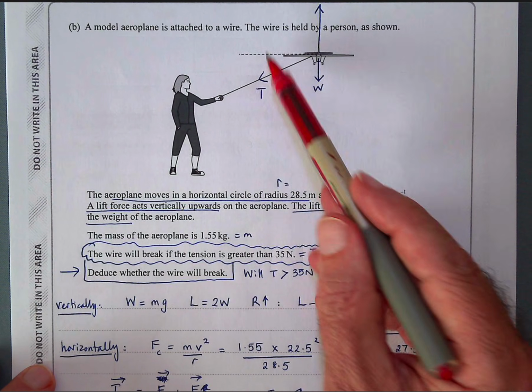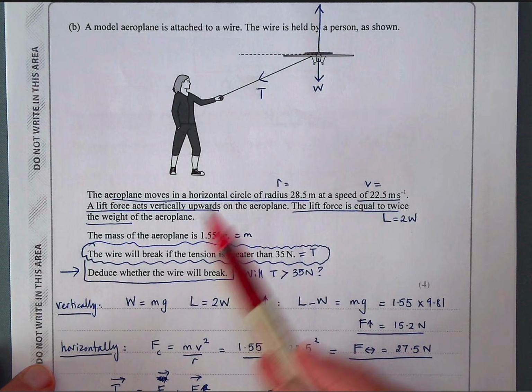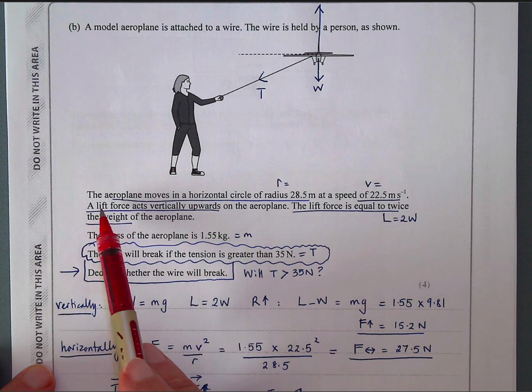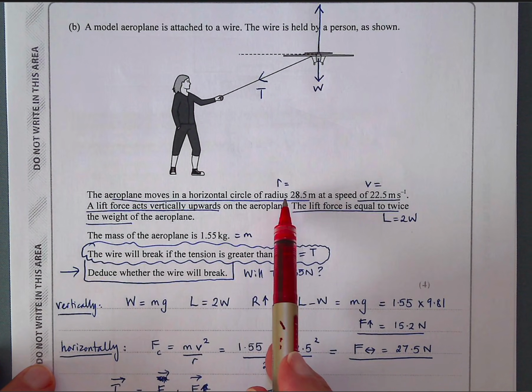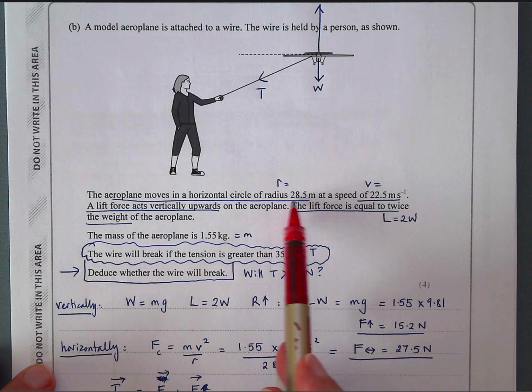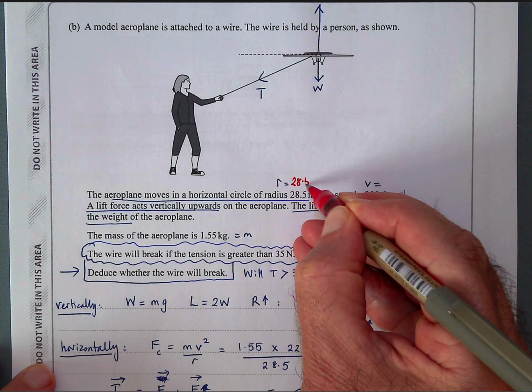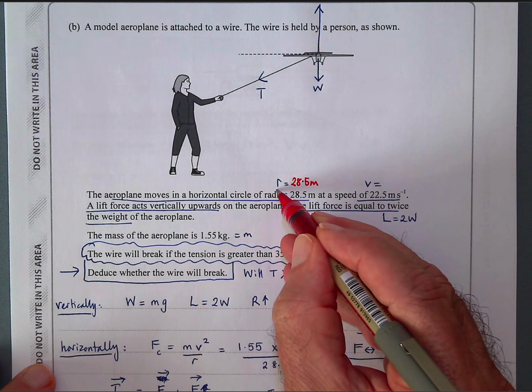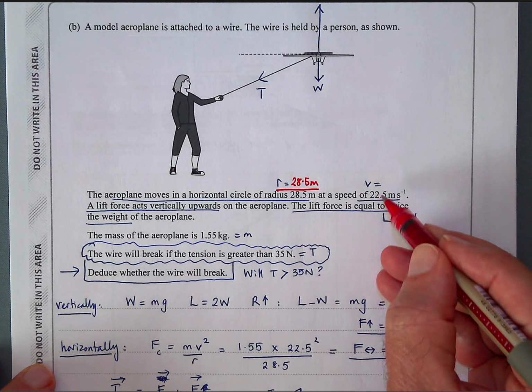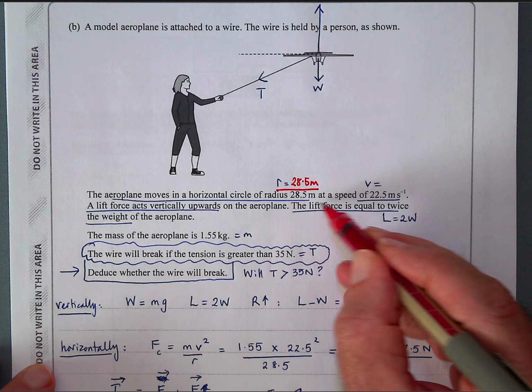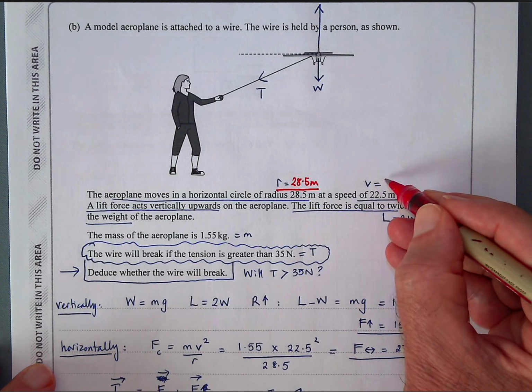So the tension in that wire as shown. Okay. Then gives you some more information. The aeroplane moves in a horizontal circle of radius 28.5 meters. So just to reiterate that, we can make sure we got the information clear in our head when we're reading the question. This is called active reading, and it's moving at a speed of 22.5 meters per second.